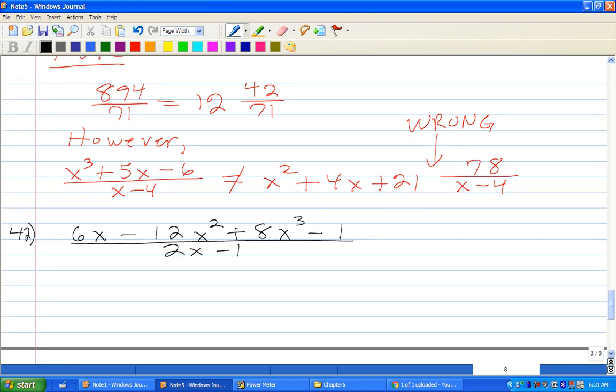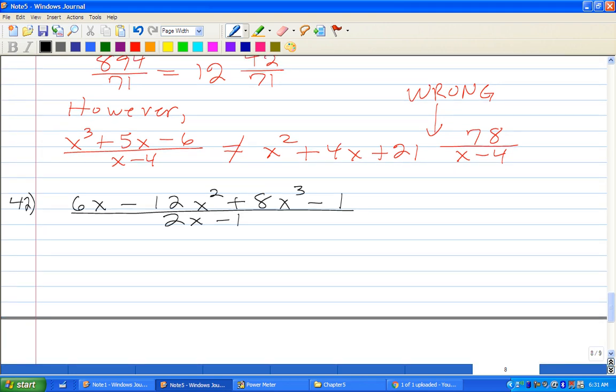Well, before I do this division, let me write both the numerator and denominator, the dividend and the divisor, in descending order. So this will be 8x cubed minus 12x squared plus 6x minus 1 over 2x minus 1. So if I write in descending order, then I'll do the long division.